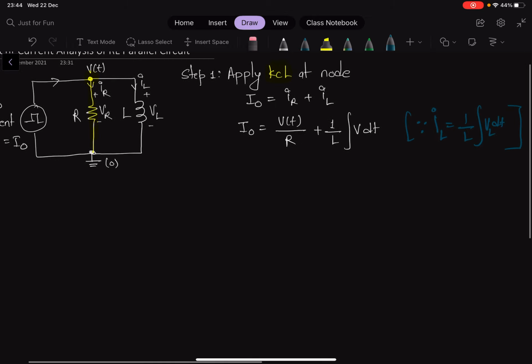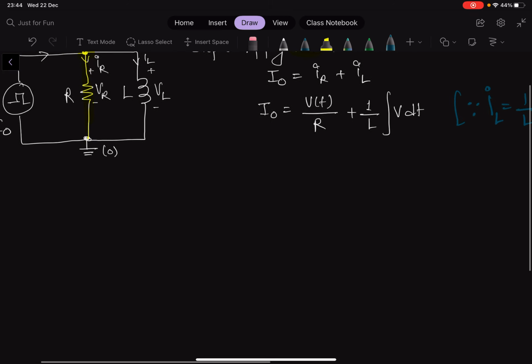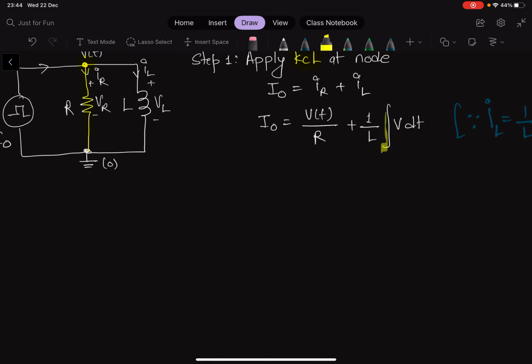Then, to get rid of this integration sign, we can differentiate with respect to t on both sides. We know I naught is a constant, so its derivative is going to be 0.